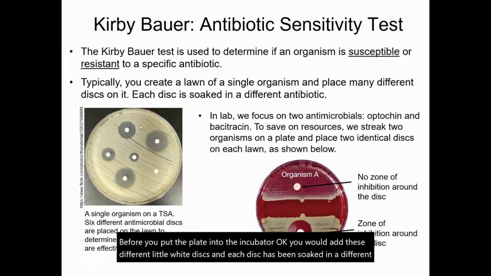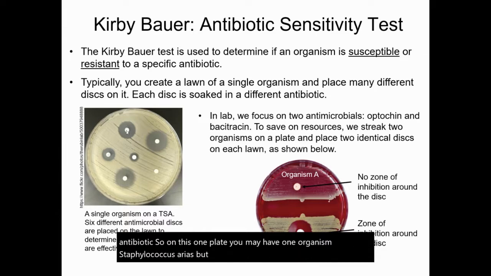So on this one plate, you may have one organism, Staphylococcus aureus, but maybe one disc has been soaked in chloramphenicol. One disc has been soaked in tetracycline. One disc has been soaked in, I just completely went blank, antibiotic B. Sorry, y'all. But the point is, each of these discs would be soaked in something different, okay?